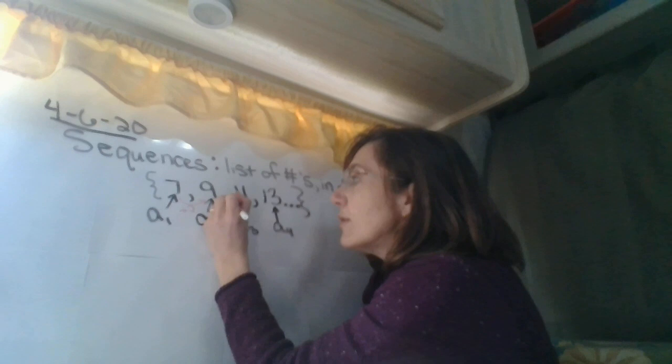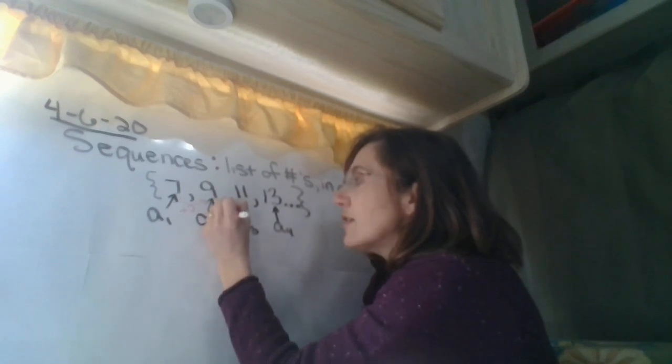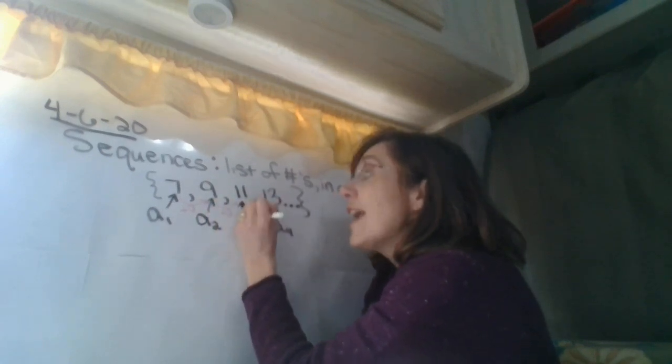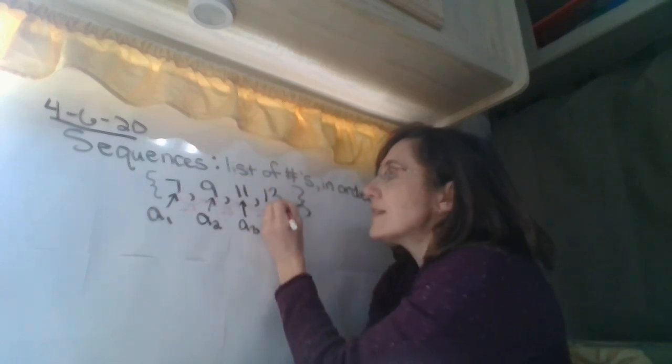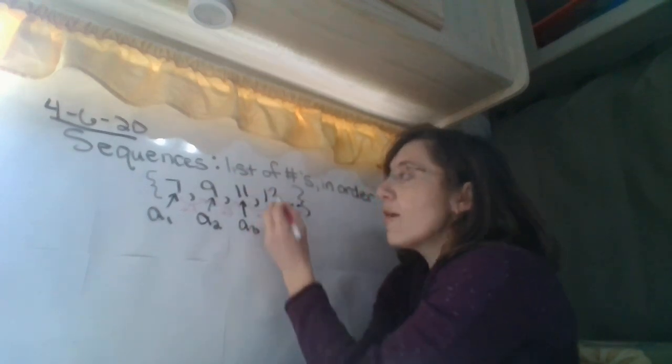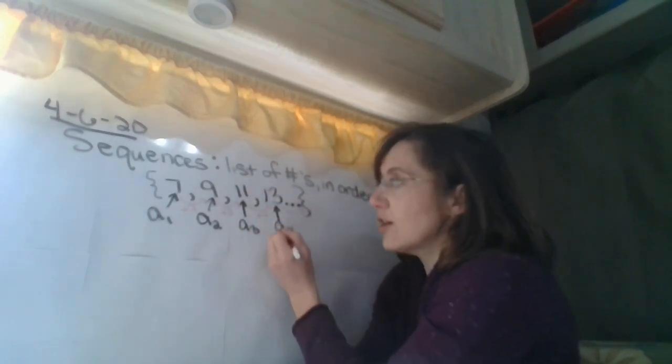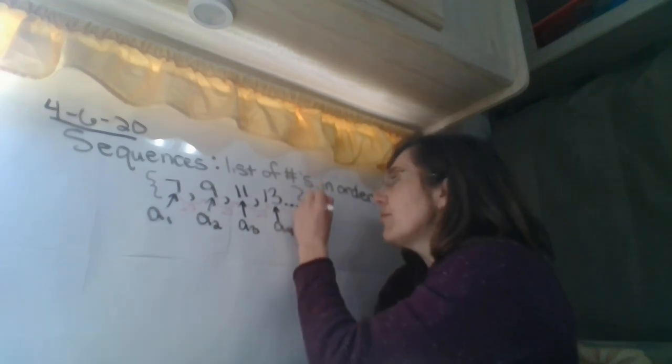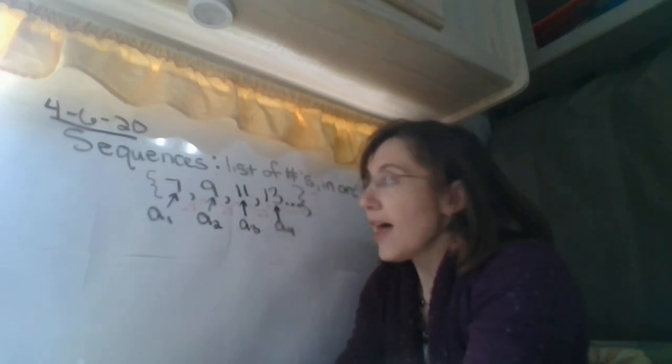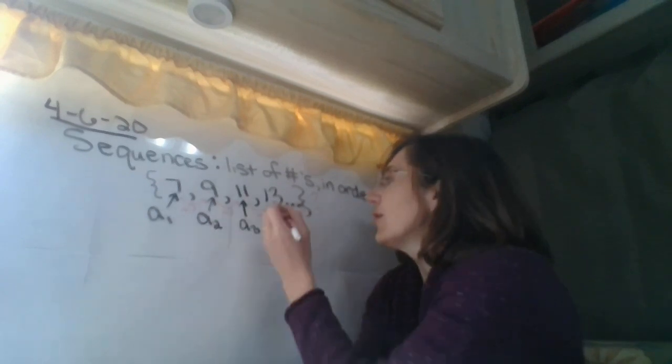And then from 9 to 11, it also grows by adding 2. And from 11 to 13, it adds 2. So guess what's going to happen next when we go from our fourth term to our next term, which would be A sub 5, it's going to add 2.